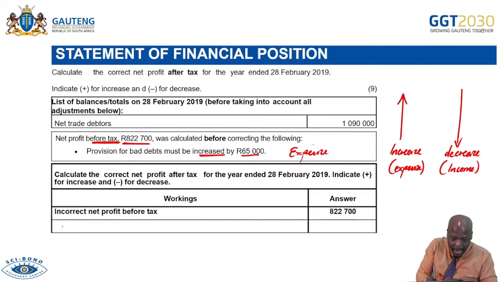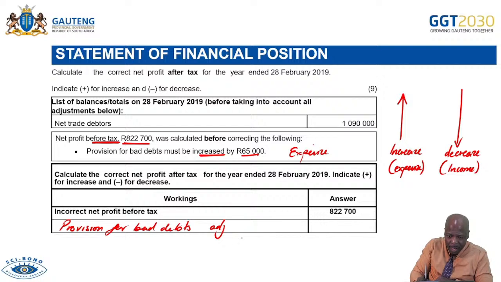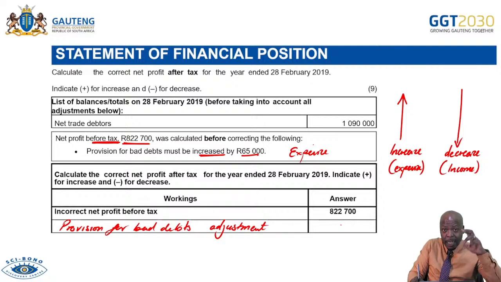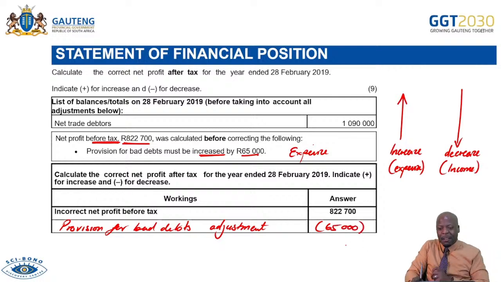So I'm going to come here and say provision for bad debts adjustment. How much is it? 65,000. So when I come here, remember my incorrect net profit was overstated. And in order to correct it, I'm going to come and say minus 65,000. Minus 65,000. Can I go on?